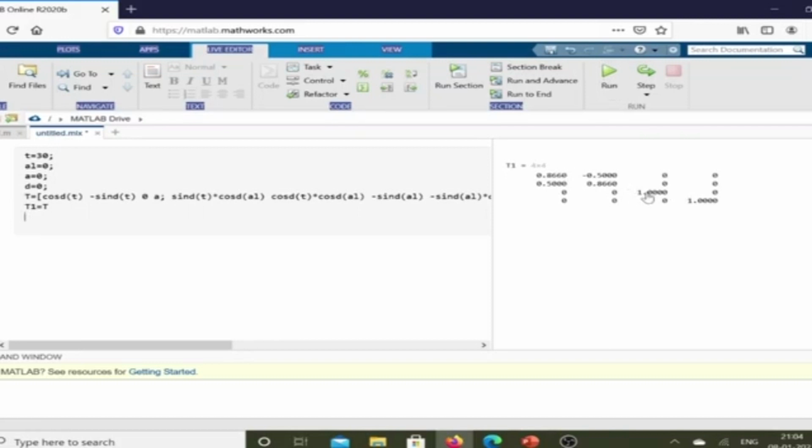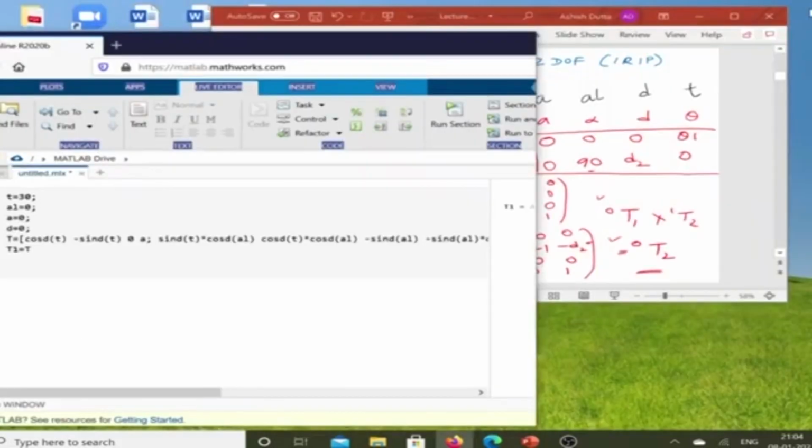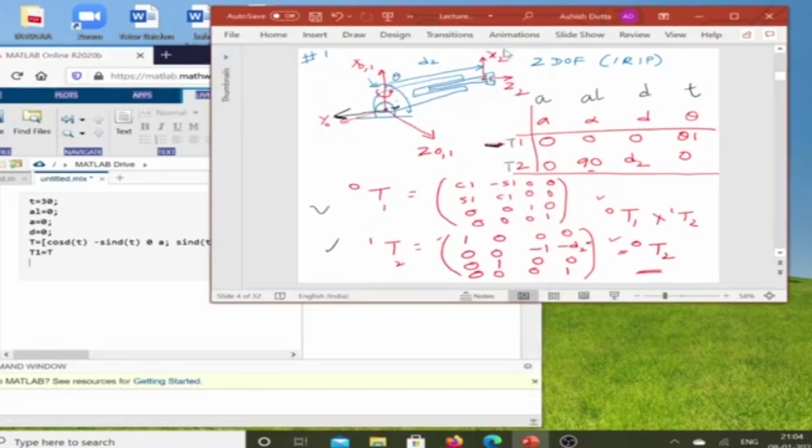It has been assigned to T. Now I will go back here and try to explain what I'm trying to do. I've taken the first row 0, 0, 0, theta 1, and I'm getting the matrix T1. This is what I've done here. So theta 1 is 30 here, numerical value.